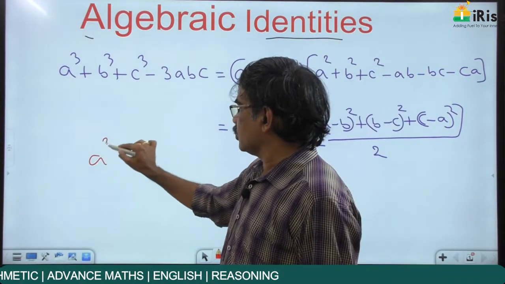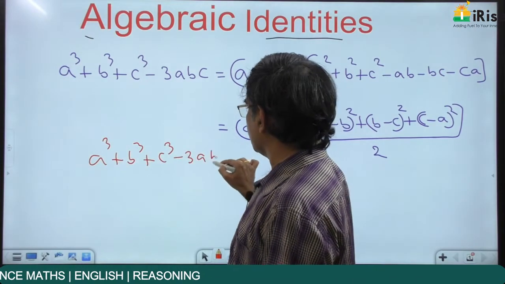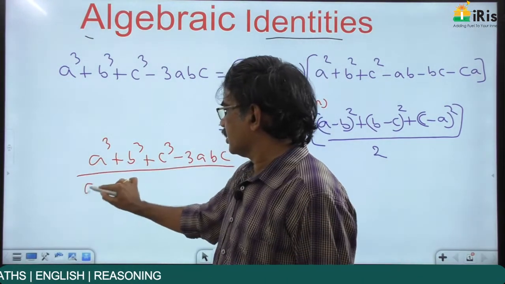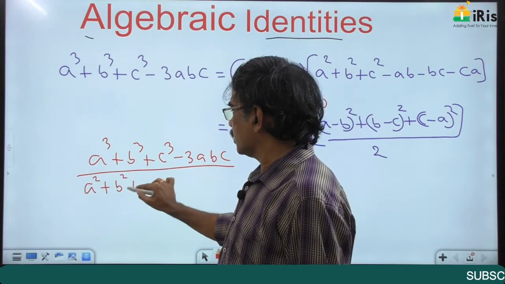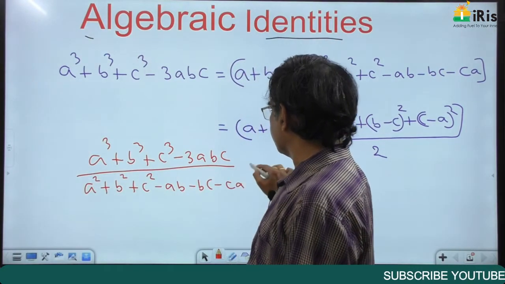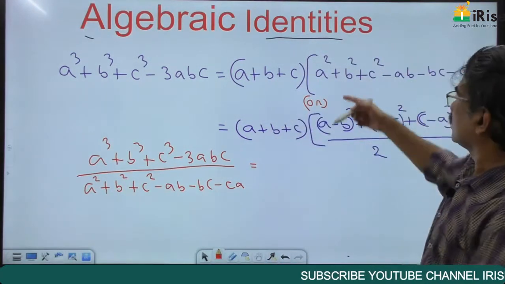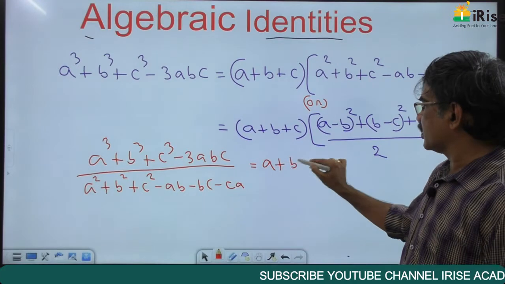What is A cube plus B cube plus C cube minus 3ABC by A square plus B square plus C square minus AB minus BC minus CA?